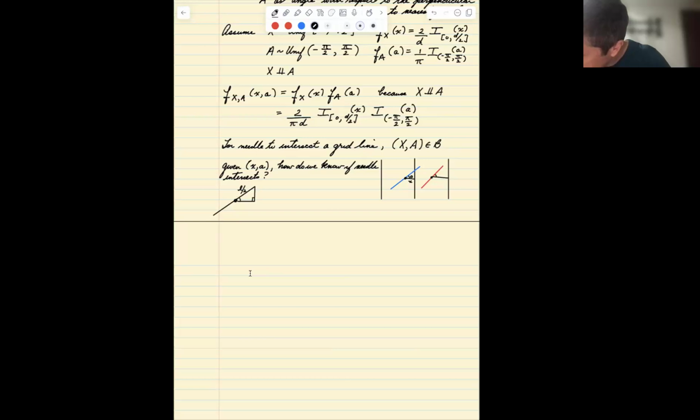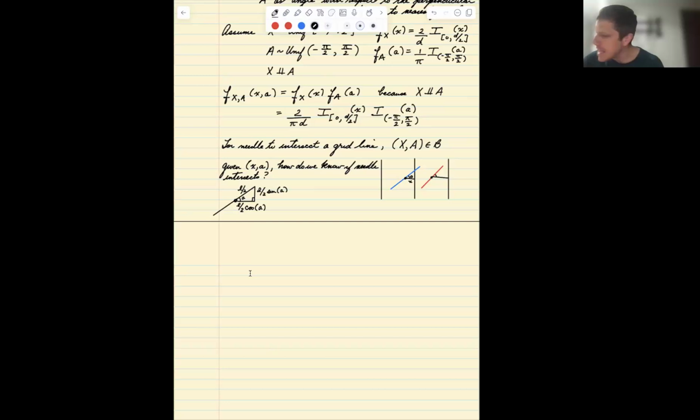And we drop the perpendicular, so we can use a little trigonometry here. The horizontal, adjacent side is L over 2 cos A, and the other side is L over 2 sine A. We don't need that.